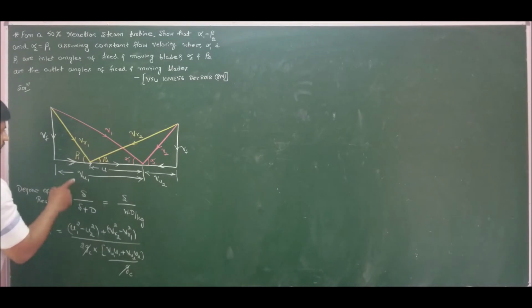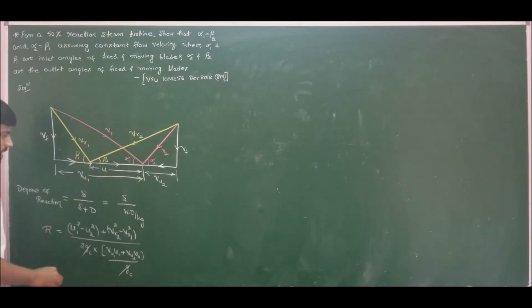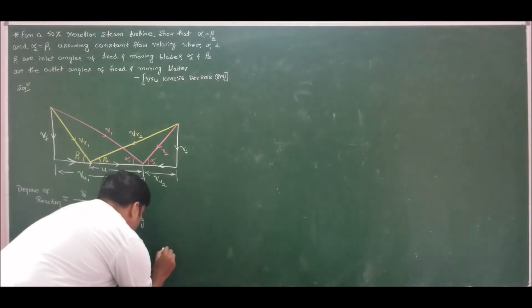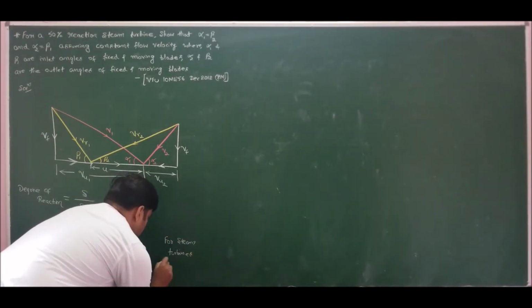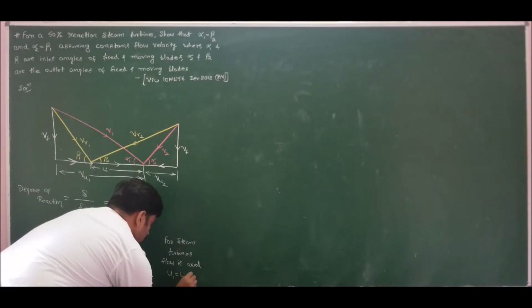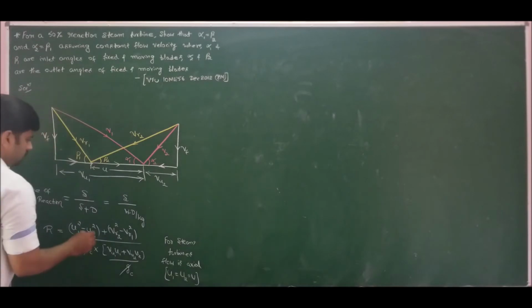Now we have the condition for steam turbines. For steam turbines, flow is axial, so therefore U1 is equal to U2, all equal to U. Hence, this will become 0.